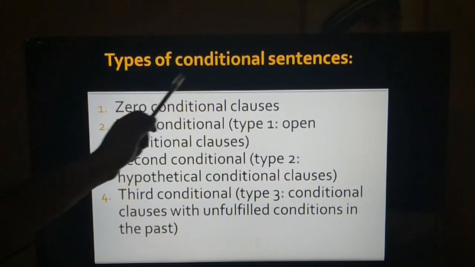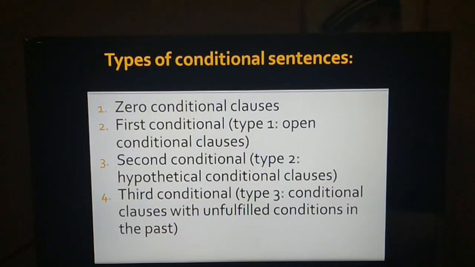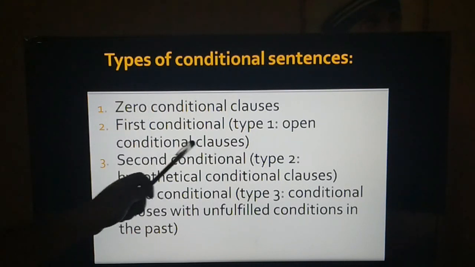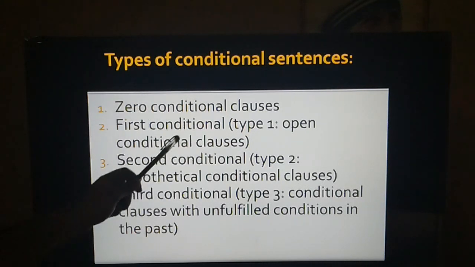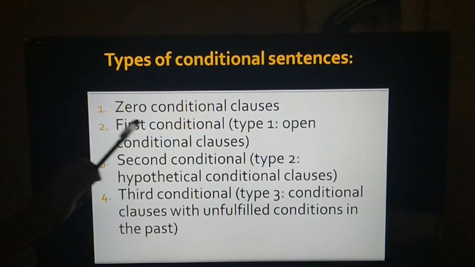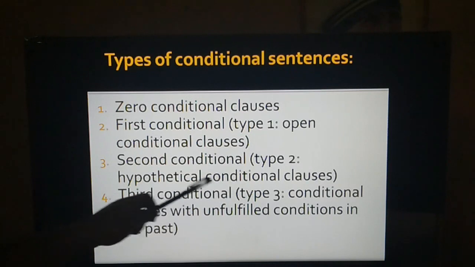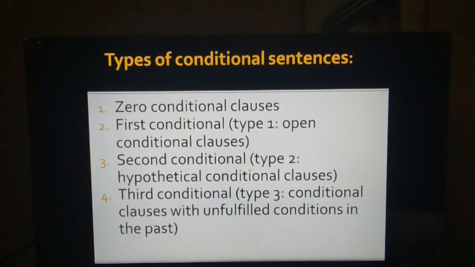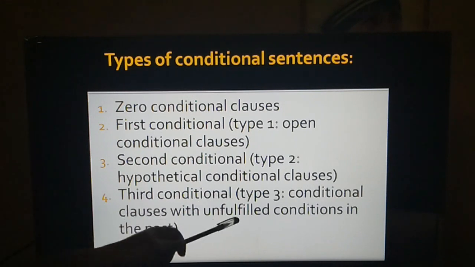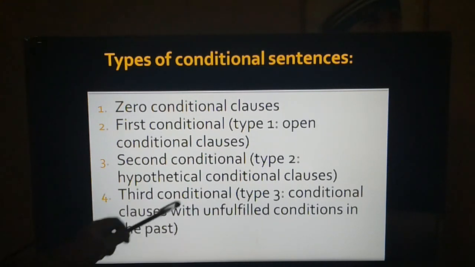So, types of conditional sentences. We have the zero conditional, then the first conditional, type 1, open conditional clauses. Then the second conditional, type 2, hypothetical conditional clauses. And finally the third conditional, type 3, conditional clauses with unfulfilled conditions in the past.